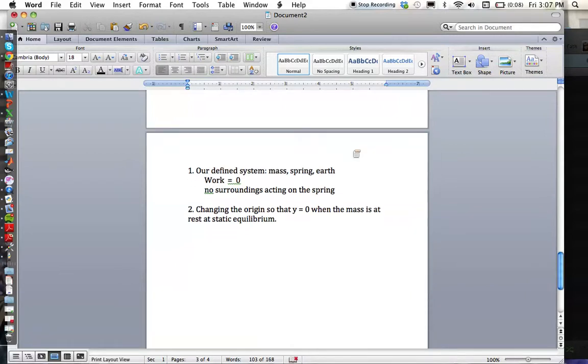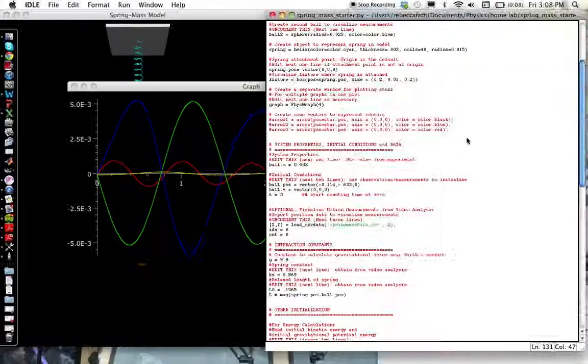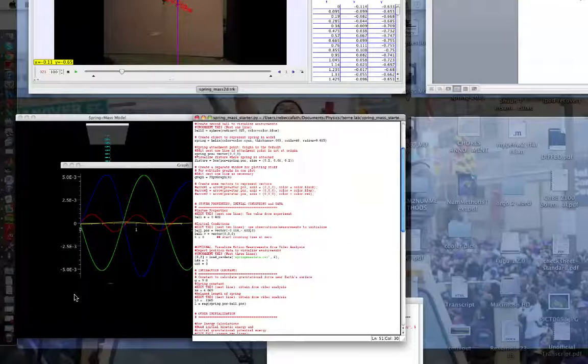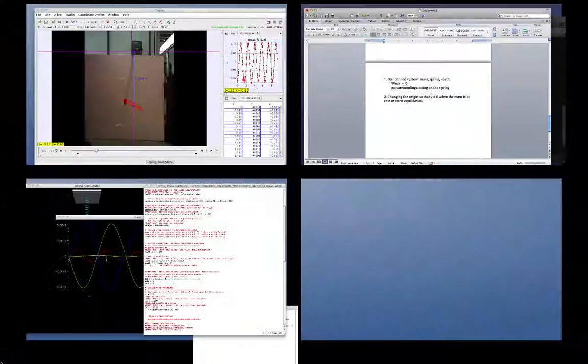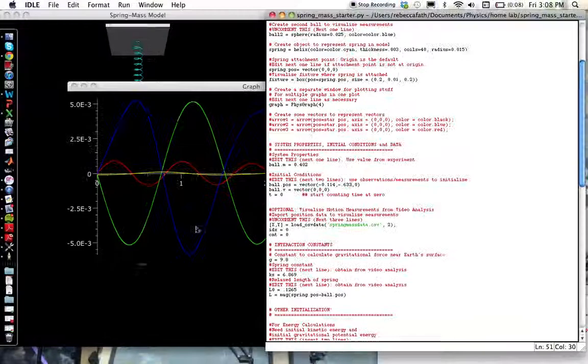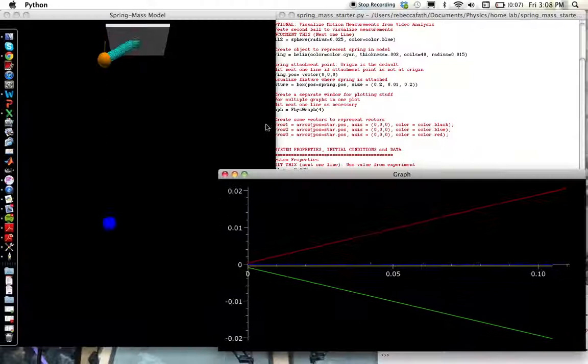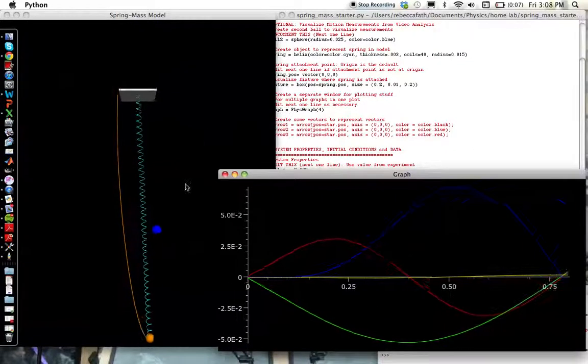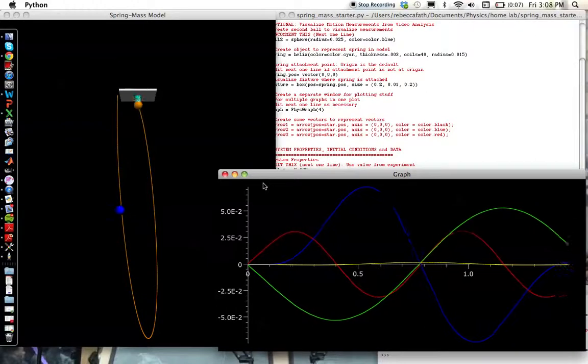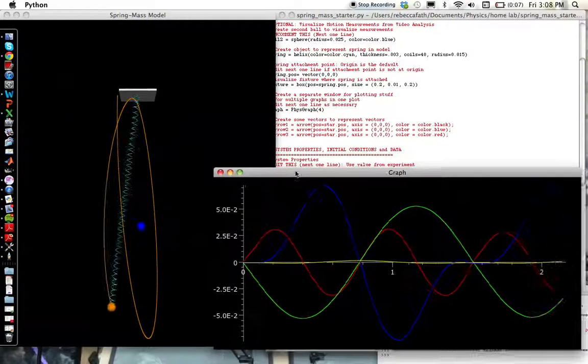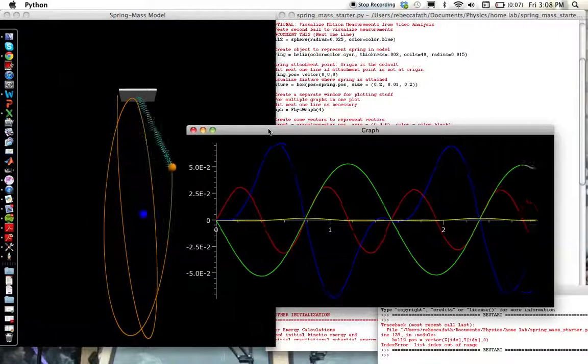What would happen if we change the coordinates so that y equals 0 when the mass is at rest at static equilibrium? So if we change our y, as you can see, this really has a huge impact on the magnitude of our spring potential and our gravitational.